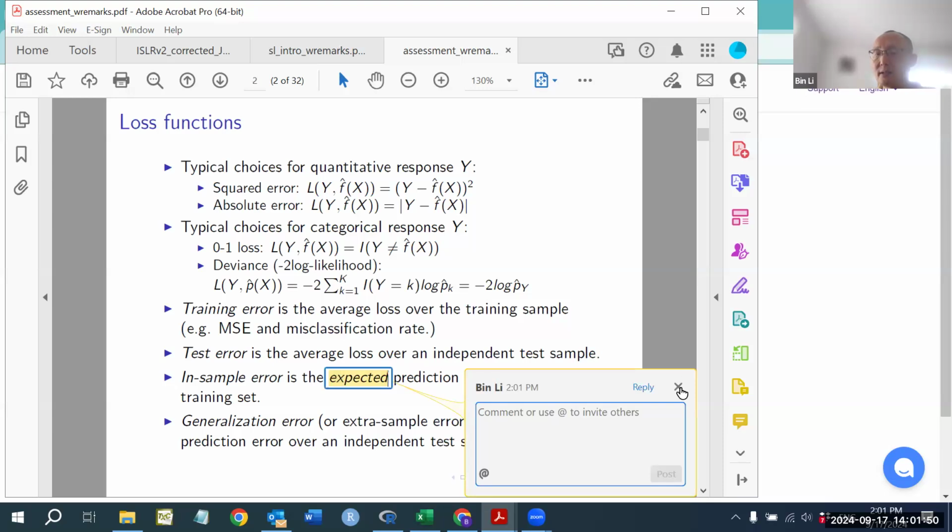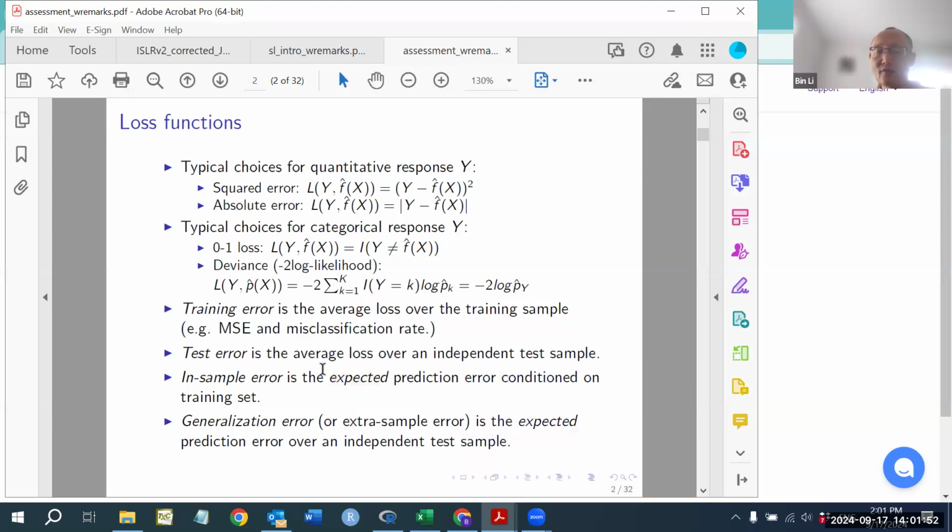Okay, so this is very important. This is the expected prediction error. On what? On the training set.